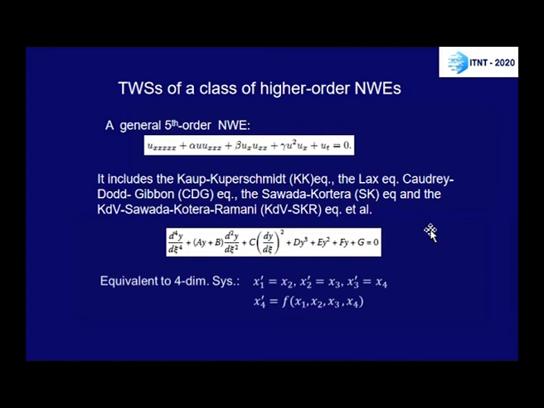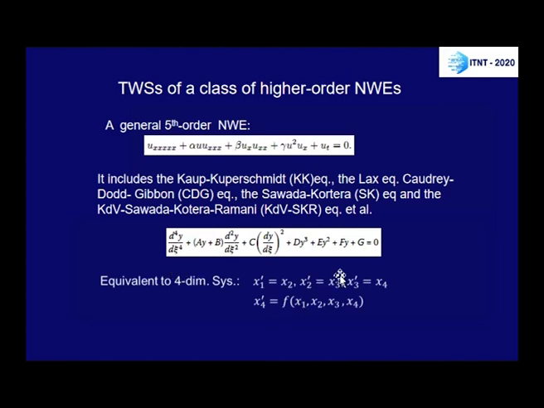For this equation, we can introduce the variable ξ = x minus ct. Then this PDE can be reduced to a fifth order ODE. This ODE can be integrated once, and after one integration, it can be reduced to this general form.